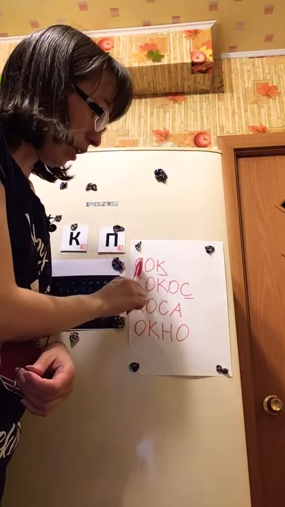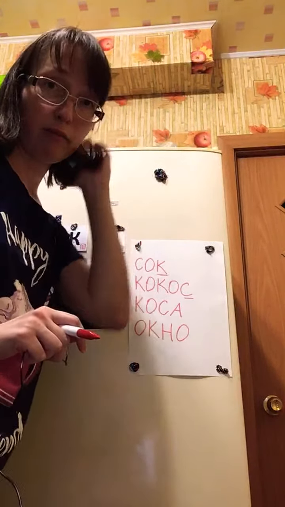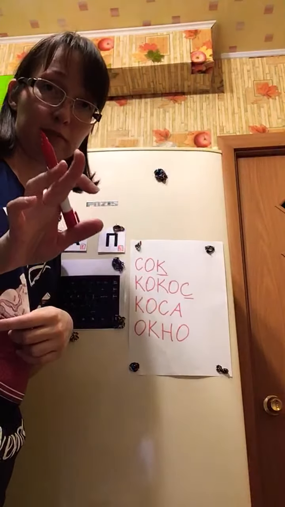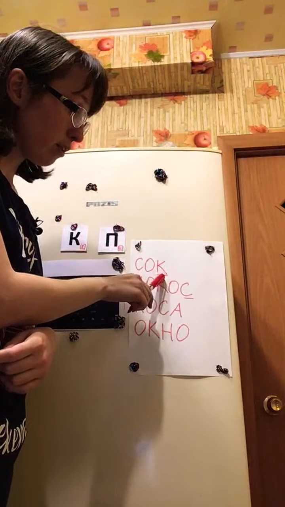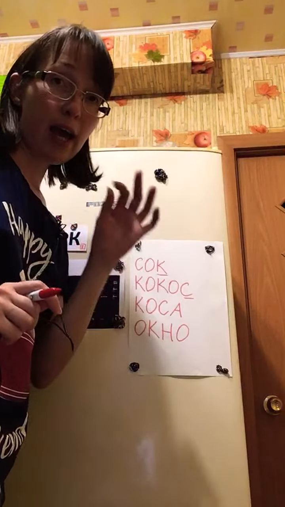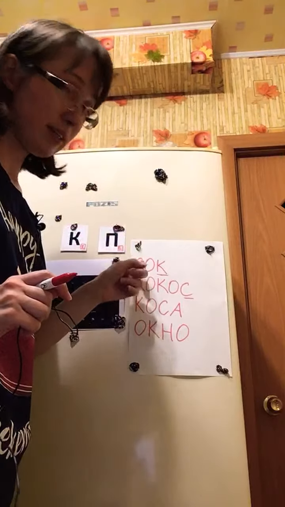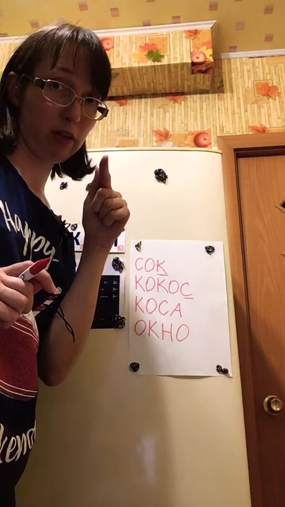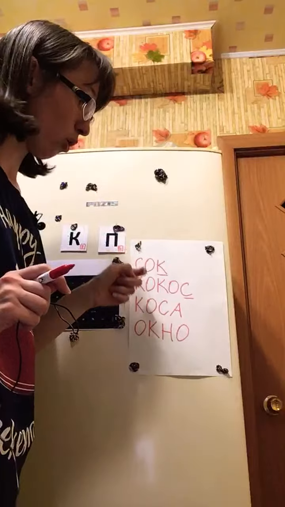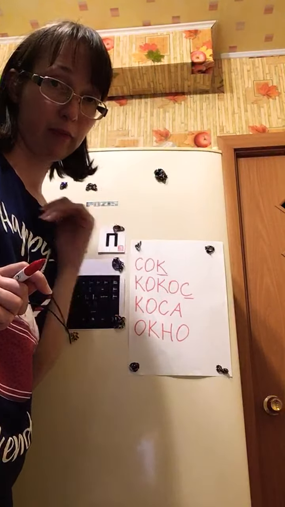So, these nouns are masculine, okay? Remember that when in the end of the nouns there is a consonant letter, then these nouns are masculine. Okay? Сок, кокос are masculine. Got it?